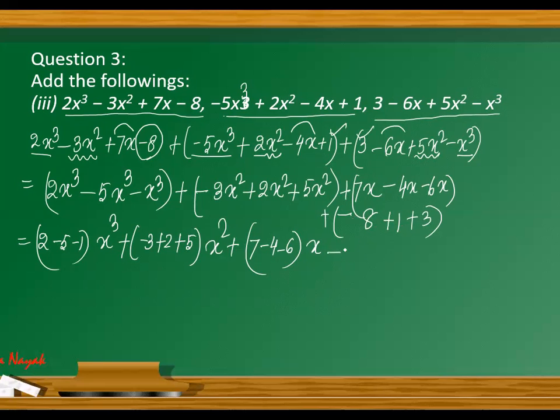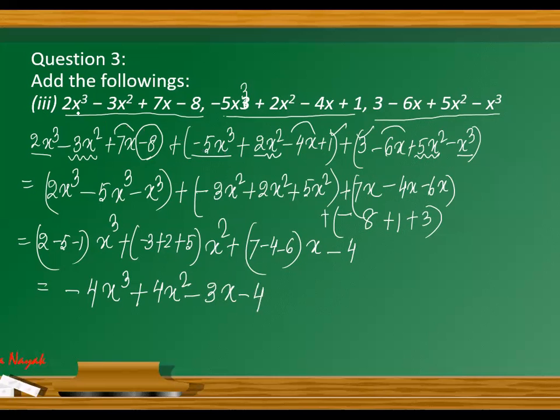It will be negative 4. So it will be negative 4x cube. Simplify. It will be plus 4x square. Then 7 minus 4, 3 minus 6. Negative 3x minus 4 is the answer.